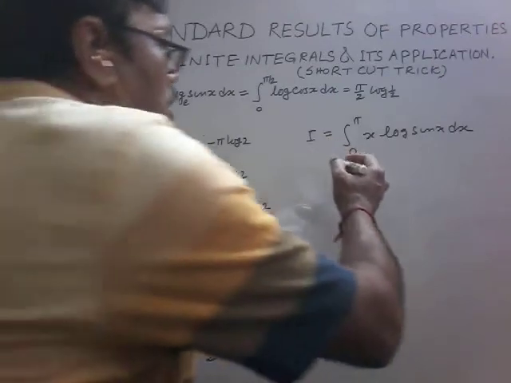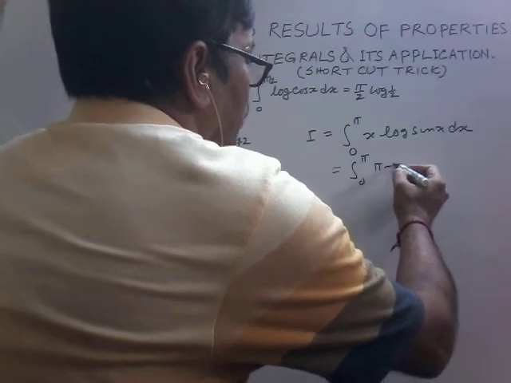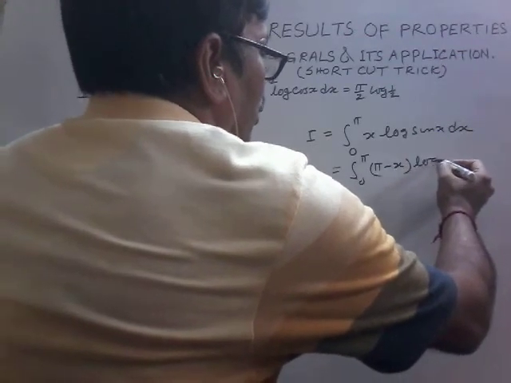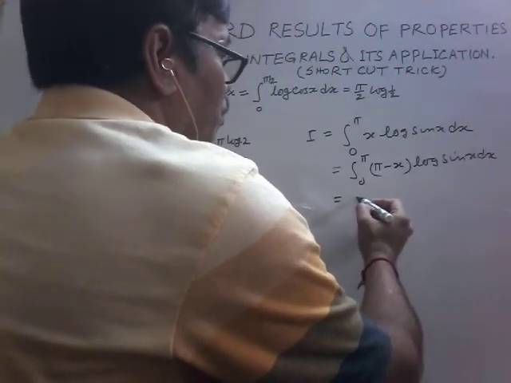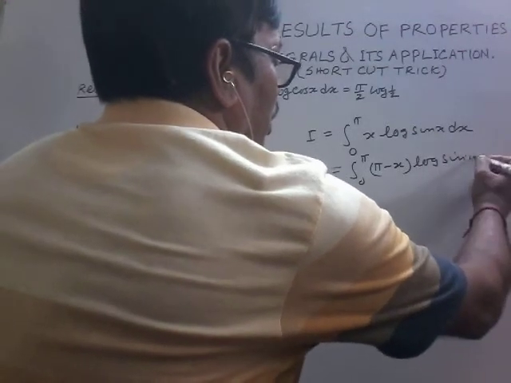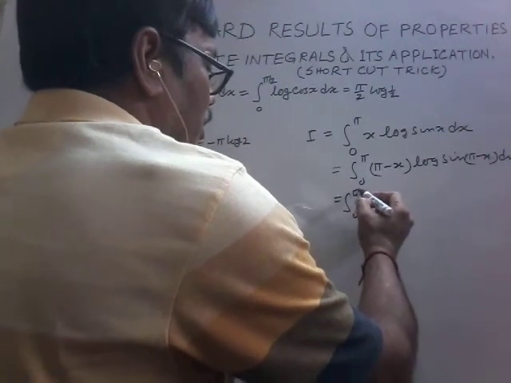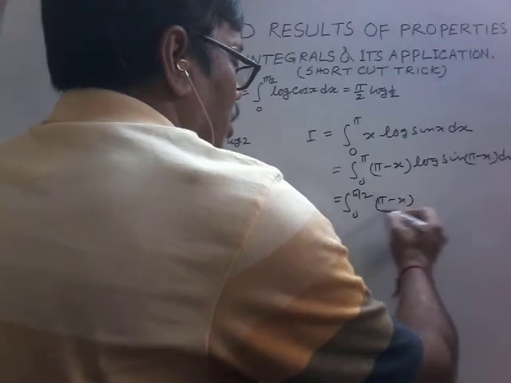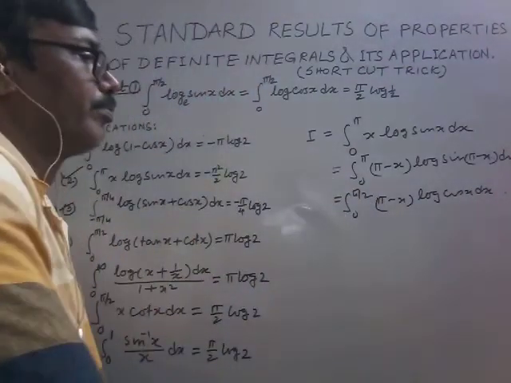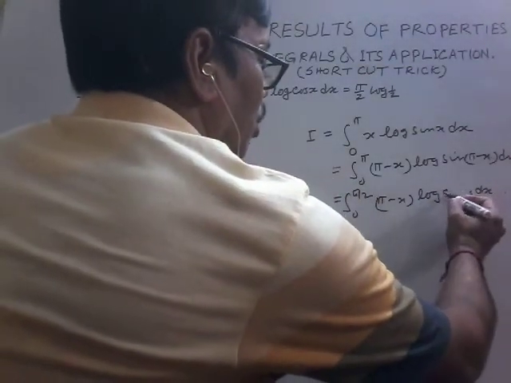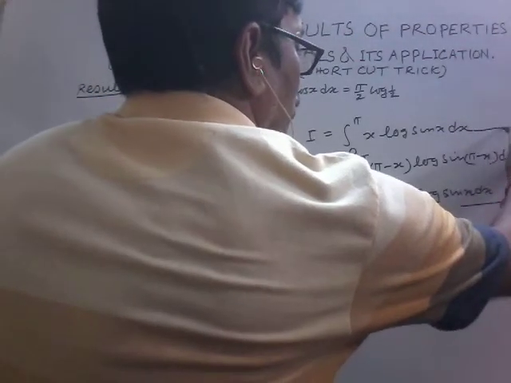So by this property we are replacing x by pi minus x, upper limit minus x. So log sin of pi minus x, times pi minus x. Now this is pi minus x log sin x dx. Call this 2 and the original one 1.